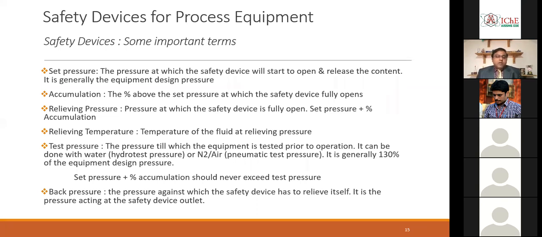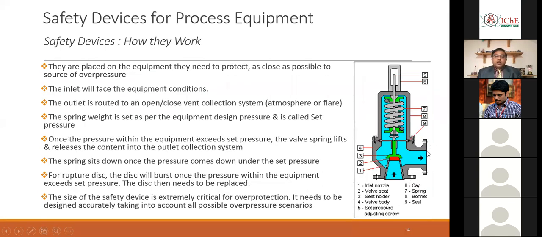Then comes the back pressure, which is the pressure against which the safety device has to relieve itself. It is the pressure acting on the safety valve outlet. So if it is releasing to the atmosphere, the pressure is zero or atmospheric pressure. So it has got an unrestricted path, it can go up. Only the line loss for the PSV outlet.